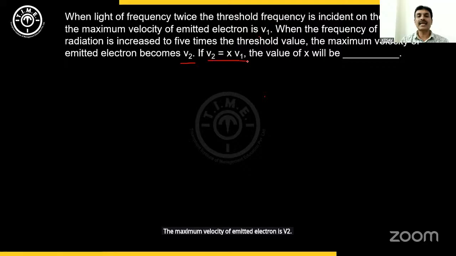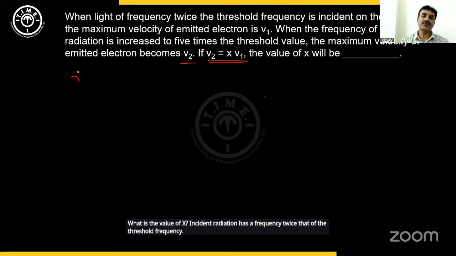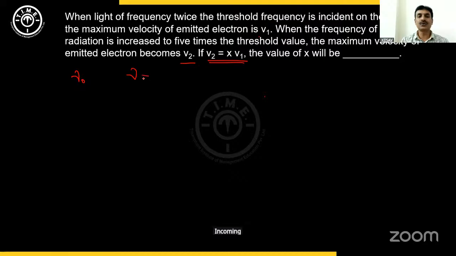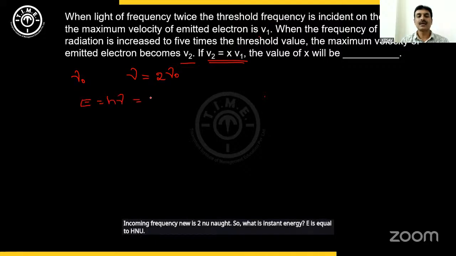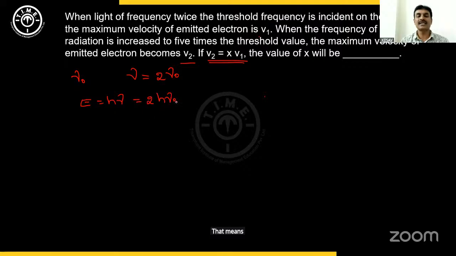If V2 is x V1, what is the value of x? Incident radiation has a frequency twice that of the threshold frequency. See, if threshold frequency is nu naught, incoming frequency nu is 2 nu naught, isn't it? So what is incident energy? E is equal to h nu. That means 2h nu naught is the incident energy.